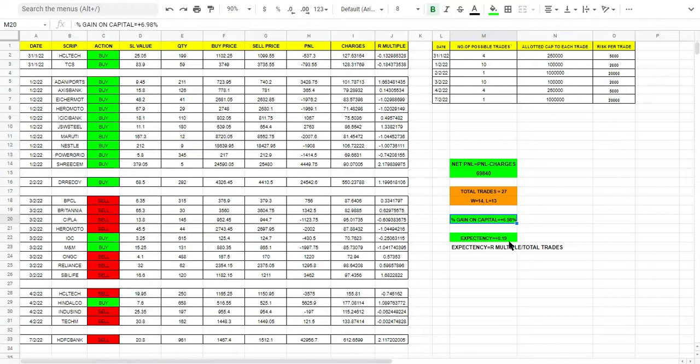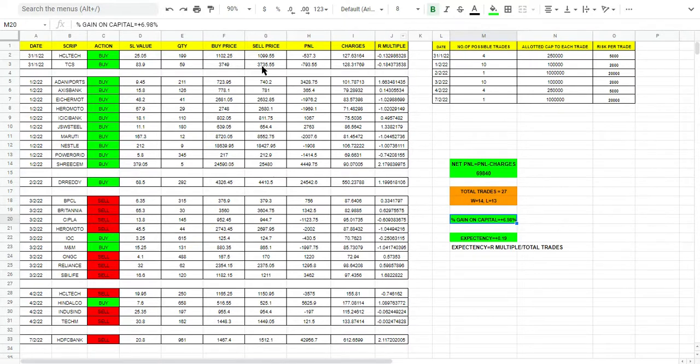positive expectancy of the strategy is 0.19%. What is expectancy? Expectancy is nothing but R multiple divided by total number of trades. What is R multiple? R is the initial risk you take in a particular trade, and whatever the end result will be, according to that the R multiple will be calculated.